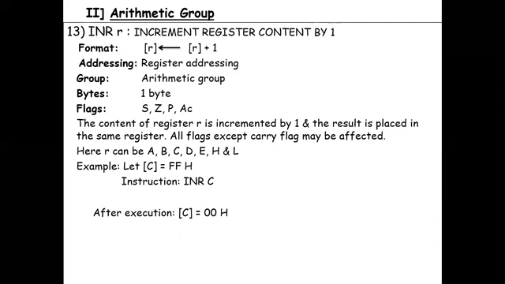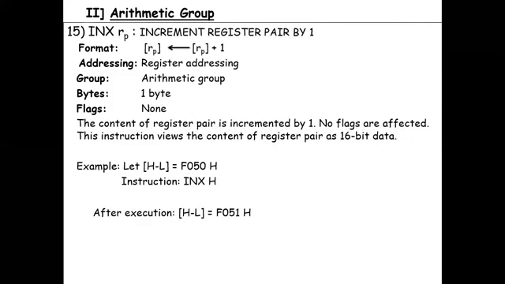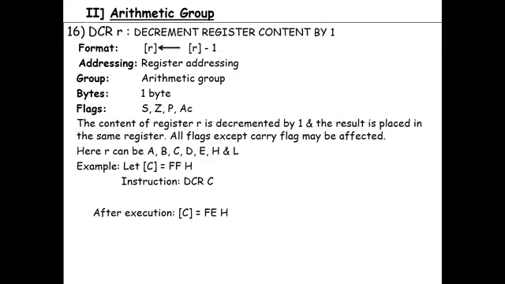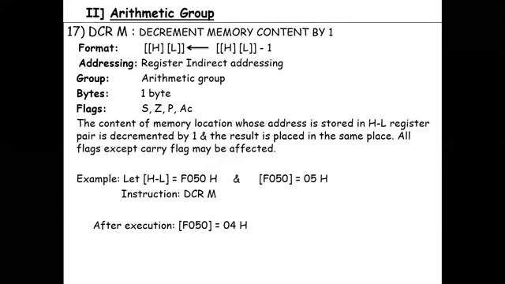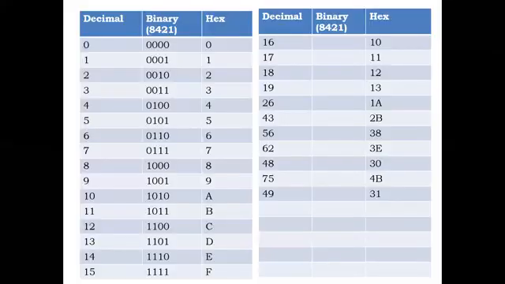For example, if register A value is 1, then if we increment, 1 plus 1, output will be 2. This is the increment value. Same, increment memory, increment register pair. Decrement, that is subtracting 1 from the value. Okay, that is DCR. So like that we have different kinds of arithmetic operations.